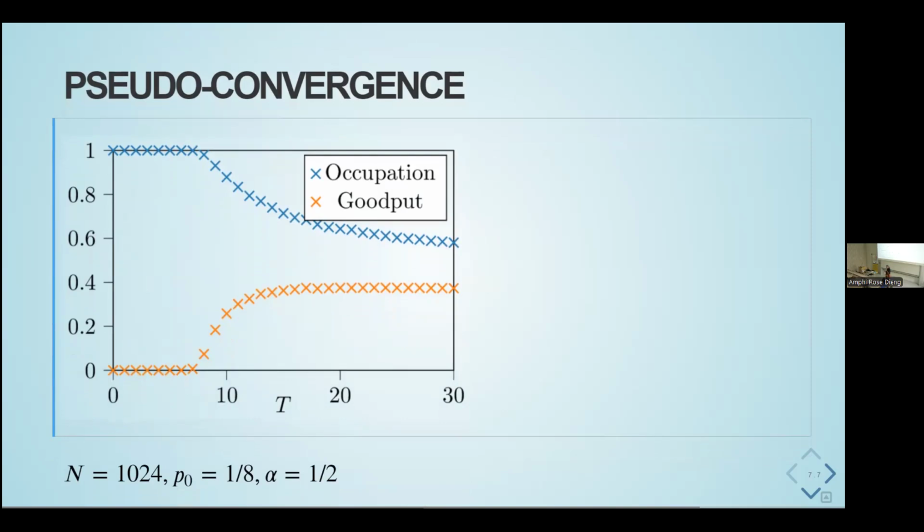For instance, we can study with simulation what's the actual occupation of a channel, the parameter B, with time, and what's the goodput. No, the goodput is the proportion of the time of a channel where you have an actual transmission.